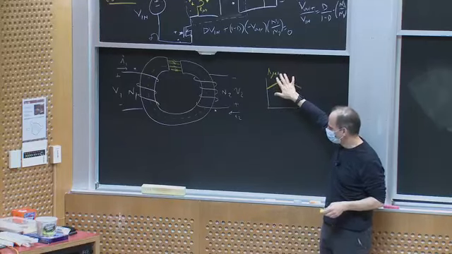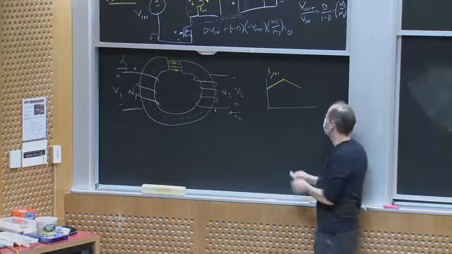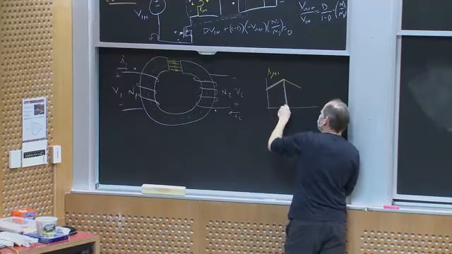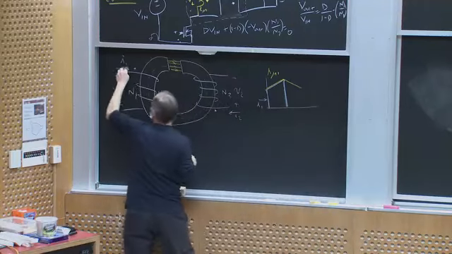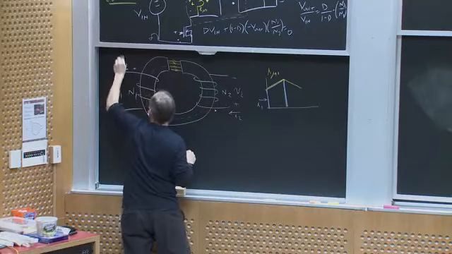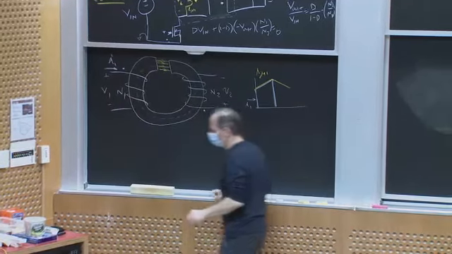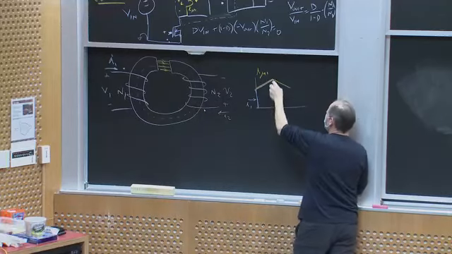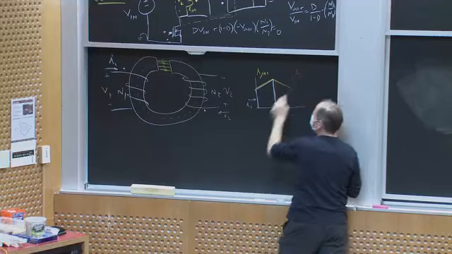If my winding 1 and winding 2 had the same turns, what I would see is, in the first part of the cycle, this would be I1. And in the second part of the cycle, I2 would carry the current. This would be I2 here.